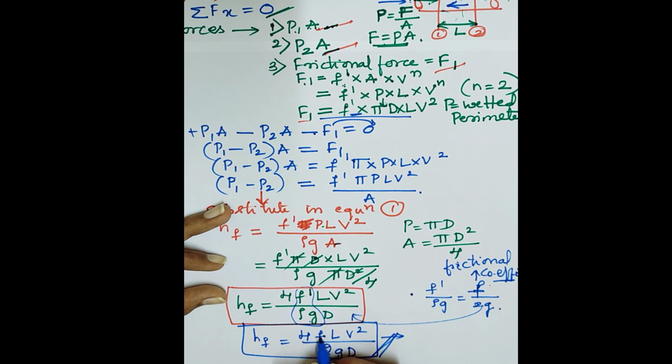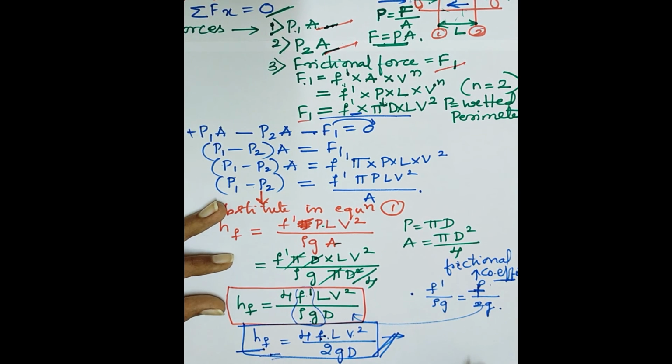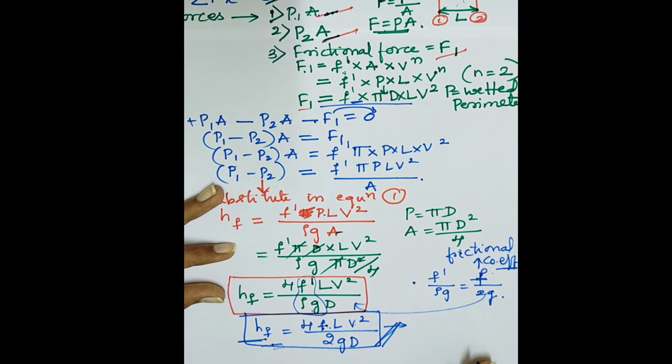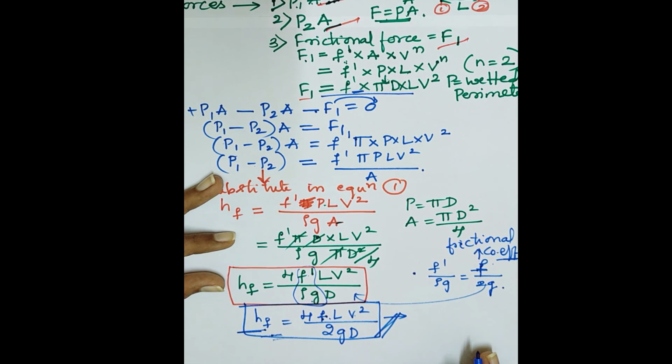In the problem they will give the frictional coefficient. So the equation for head loss due to friction is HF is equal to 4FL V square divided by 2GD.